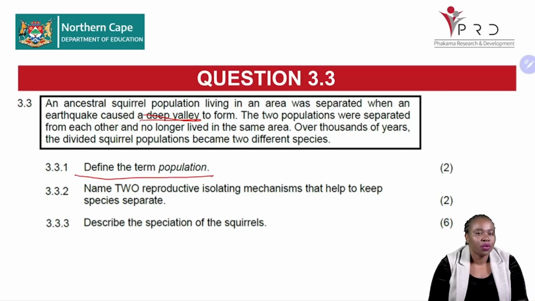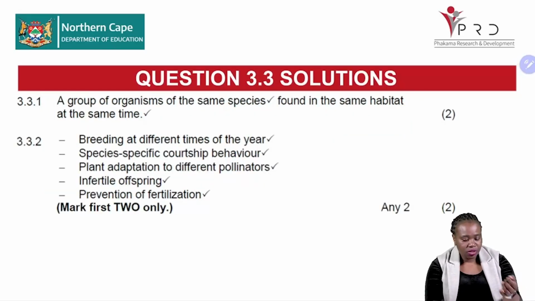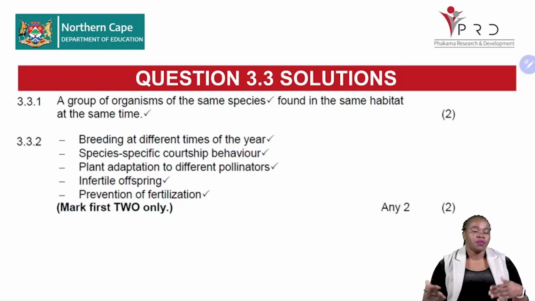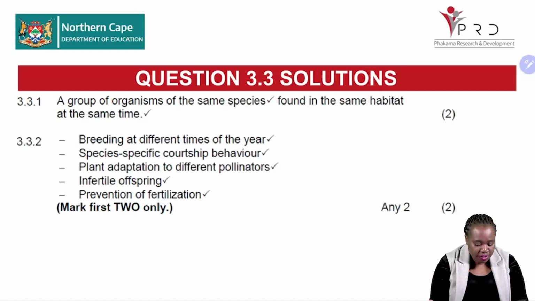So what are we talking about when we are talking about a population? Here we are talking about organisms that are able to interbreed, so they have to be of the same species. Remember, organisms cannot be of the same species if they are not able to interbreed with each other. So they must be of the same species. They must occupy the same habitat at the same time, which means that they should not occupy the same habitat at different times of the year or at different times, basically.